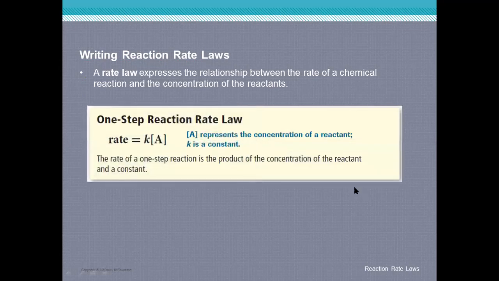For a one-step reaction, the rate law is equal to K times A. What's meant by K? K is a constant, which will be known. A represents the concentration of a reactant.